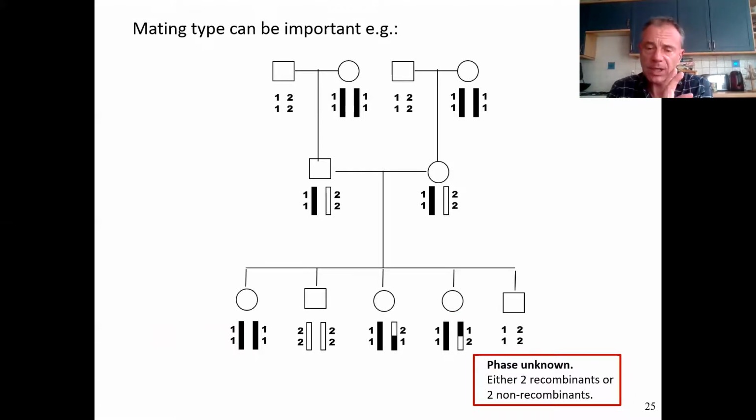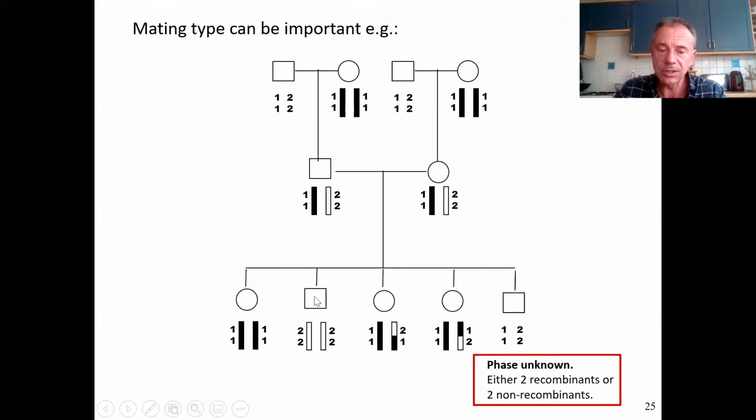In terms of informativeness of linkage and practical issues, with the pedigree I showed you before, we could tell about the phase of people, and we could say for sure whether somebody was a recombinant or not. Here we've got grandparents telling us the phase of the alleles in the parents, and they both got a 1 in phase with a 1 and a 2 in phase with a 2.